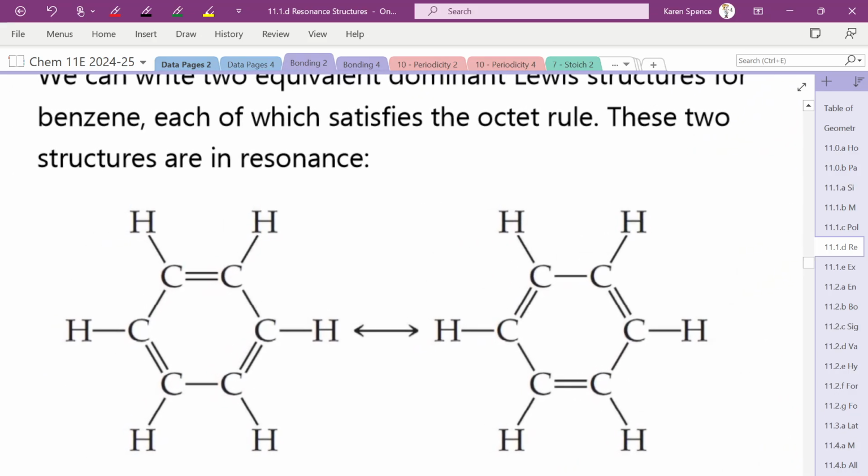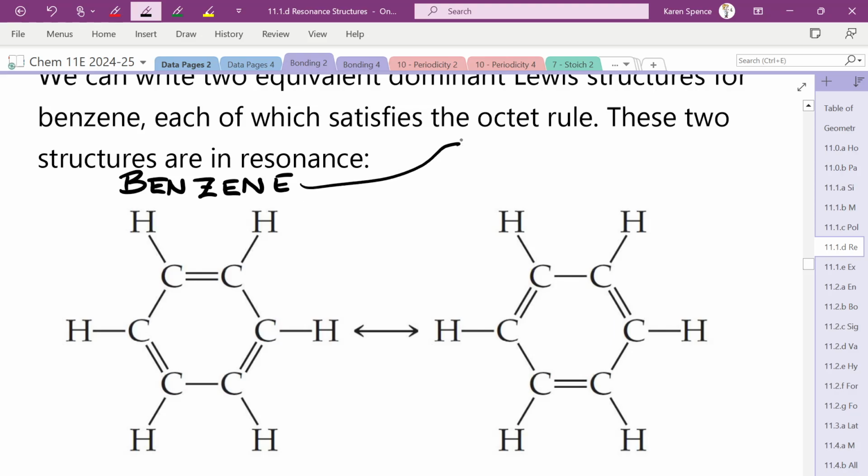Benzene is a ring structure, okay? Benzene has how many carbons? 6 carbons. And what do you notice about the double and single bonds in the ring? Every other bond is a double bond.